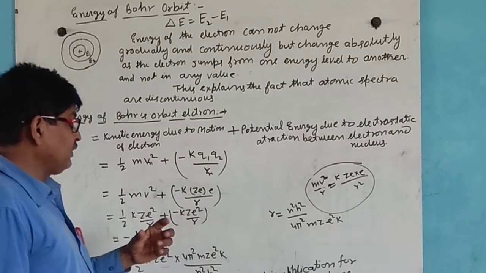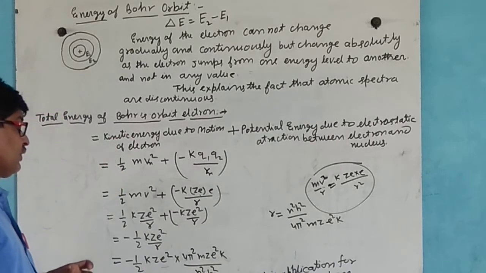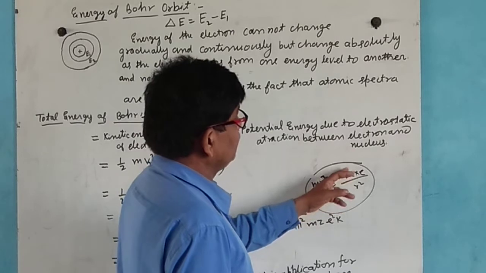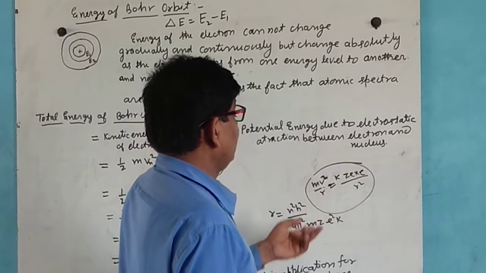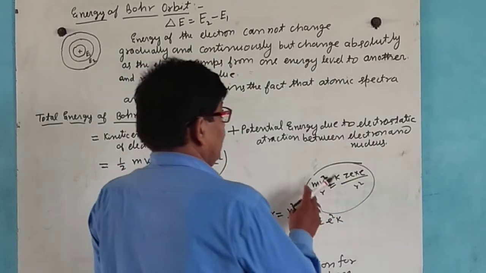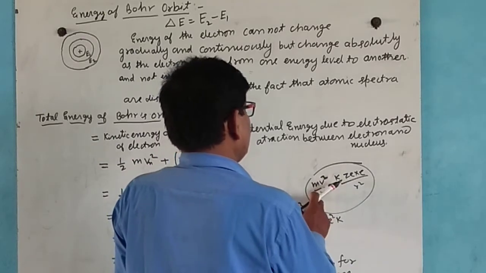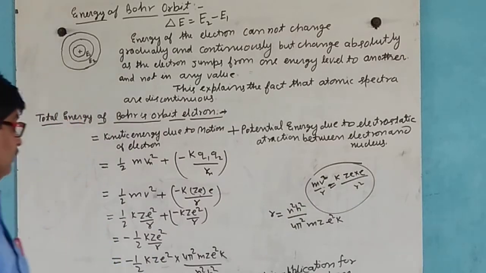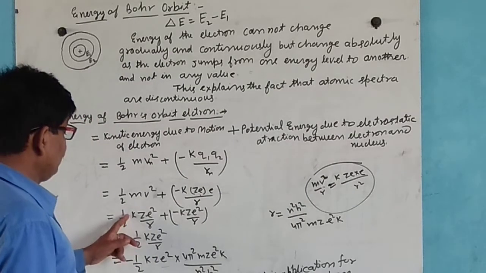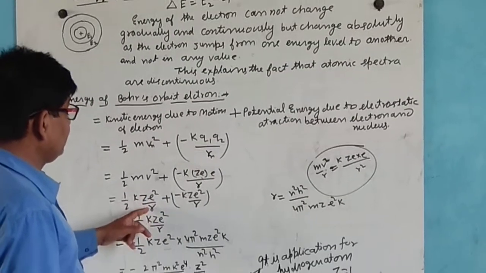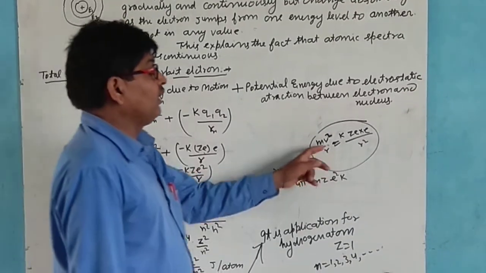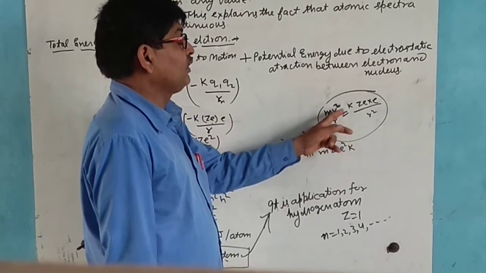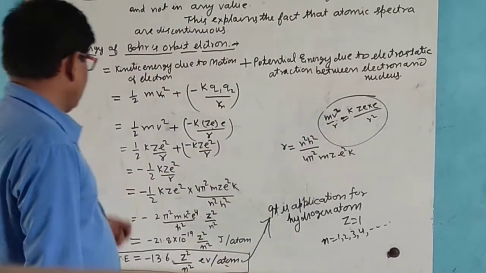It means that they are attractive to each other, and we know that mv square by R equals K Ze square by R square, so that mv square equals K Ze square by R. Putting this, half K Ze square by R, because R and R, one R is cancelled.